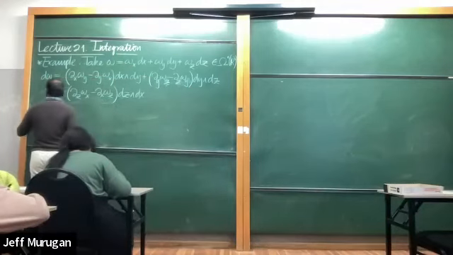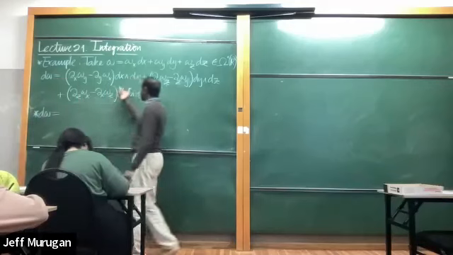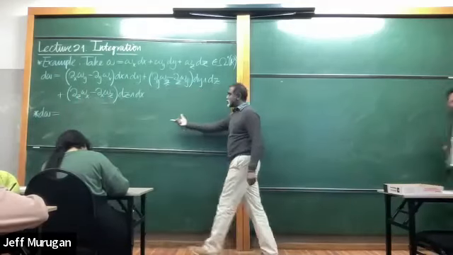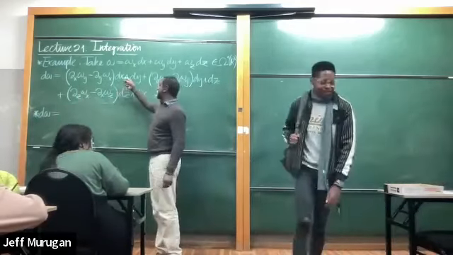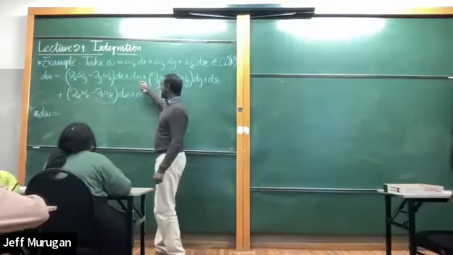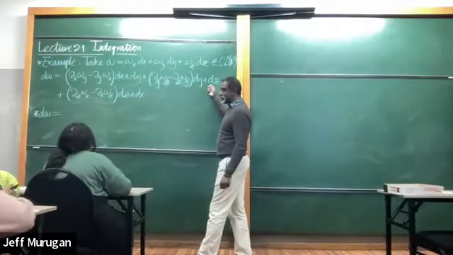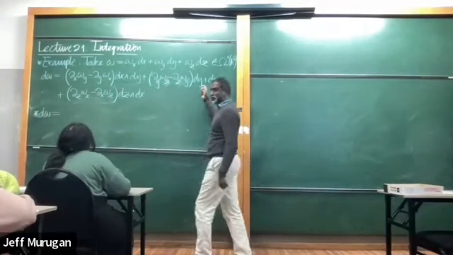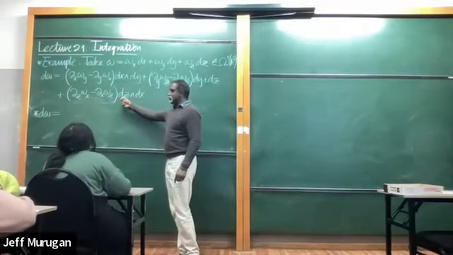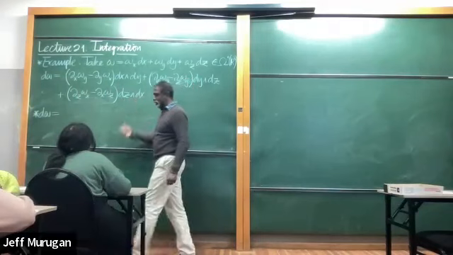And now I'll take the Hodge dual of this thing. The Hodge dual, remember, acts on the basis forms. So the Hodge dual of dx wedge dy is dz. Hodge dual of dy wedge dz is dx. That's why I'm organizing it in this direction. And the Hodge dual of dz wedge dx is dy.